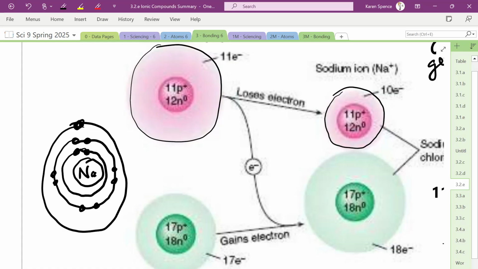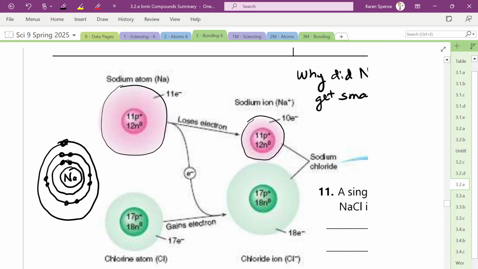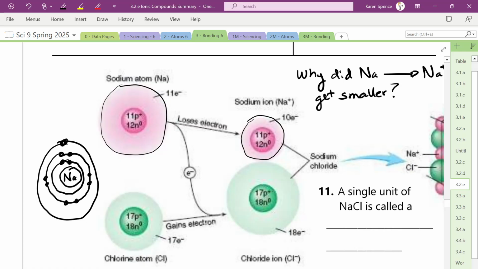It used to be the size of shell number 3, but now it's only the size of shell number 2. If you're planning on taking any of the enriched chemistry courses, we would say that since it lost the outer electron, it has one less occupied shell.